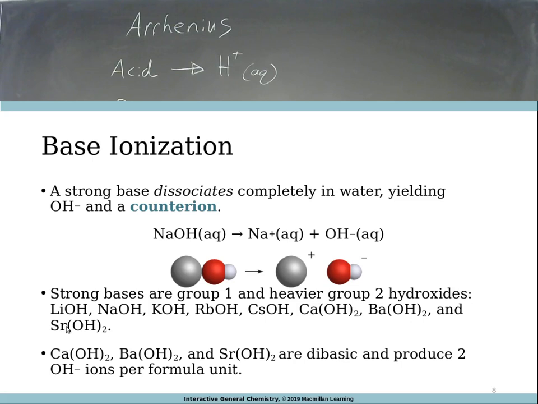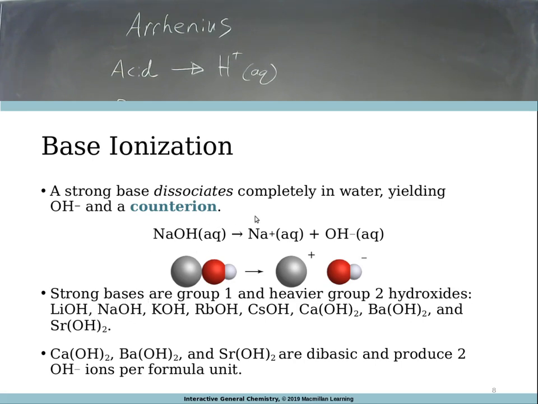Now, under the Arrhenius definition, remember, a base is something that's going to generate OH minus in solution. And the strong bases are a really boring group. They are ionic compounds that are soluble with hydroxide as the anion.